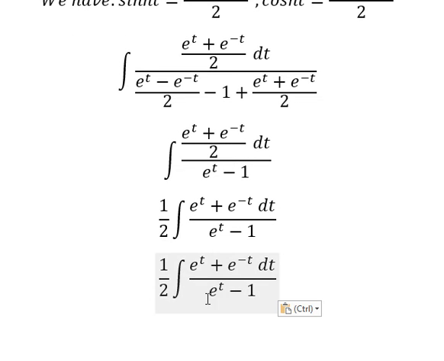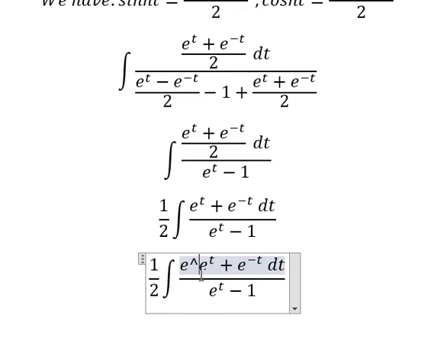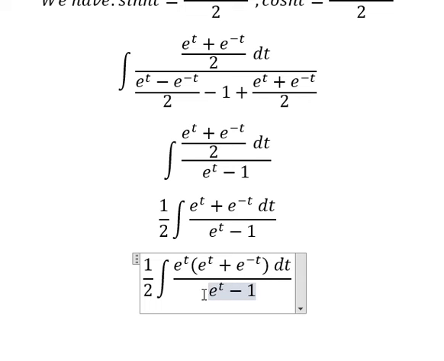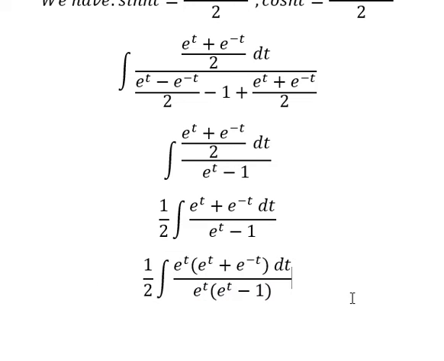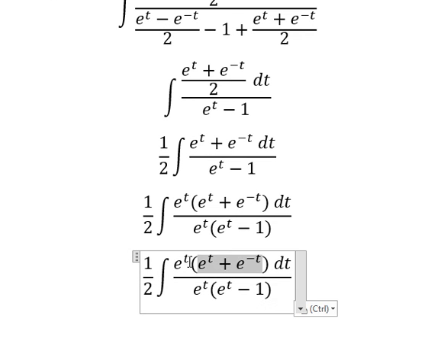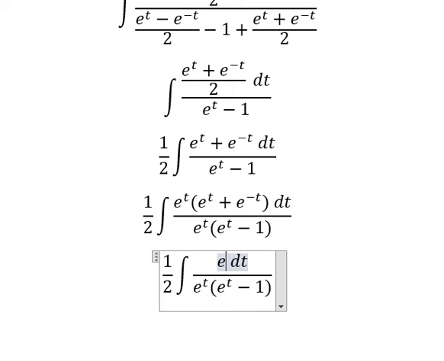Next, we need to multiply by e to the power of t on the numerator and denominator. So this one should be like this.